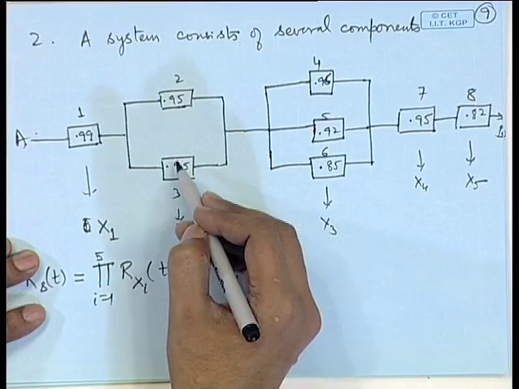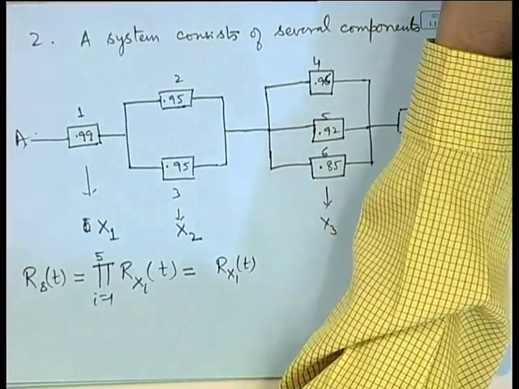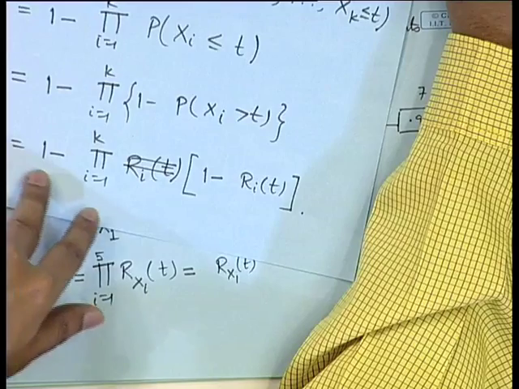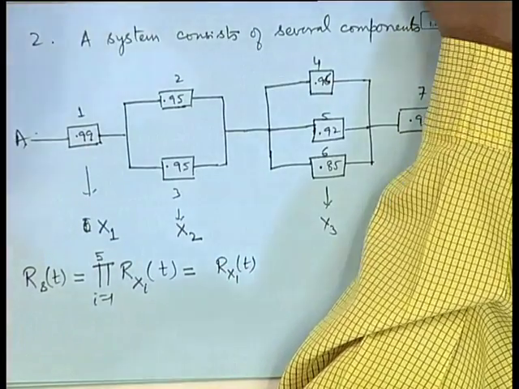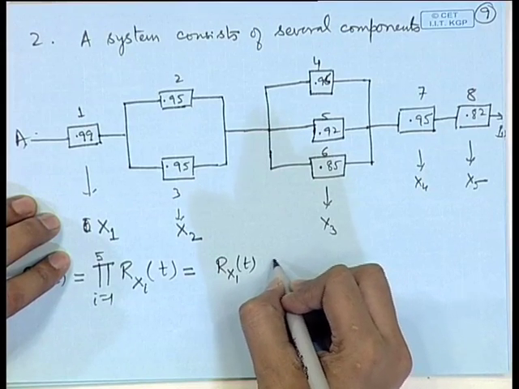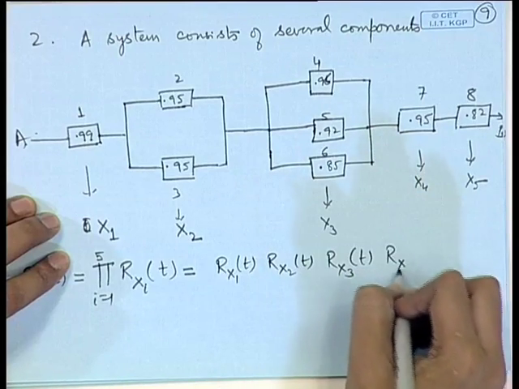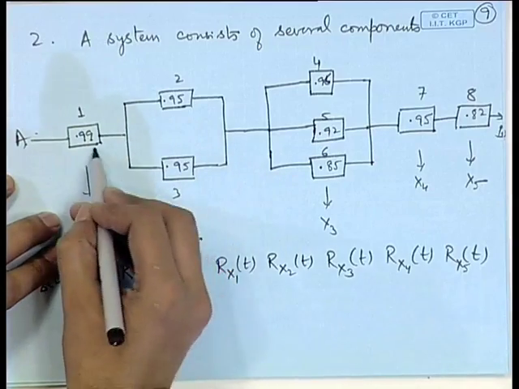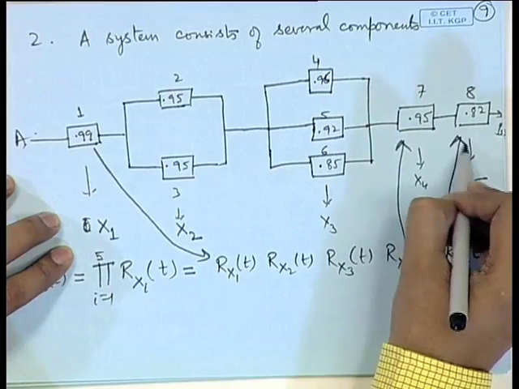The probability that the system is functioning, or the reliability of this, is given by the formula for the reliability of a parallel system, 1 minus the product of 1 minus the reliabilities. So, if we use this, let me firstly write R_X2(t), R_X3(t), R_X4(t) and R_X5(t), where R_X1(t) is given by this number, R_X4 is given by this number, R_X5 is given by this number.